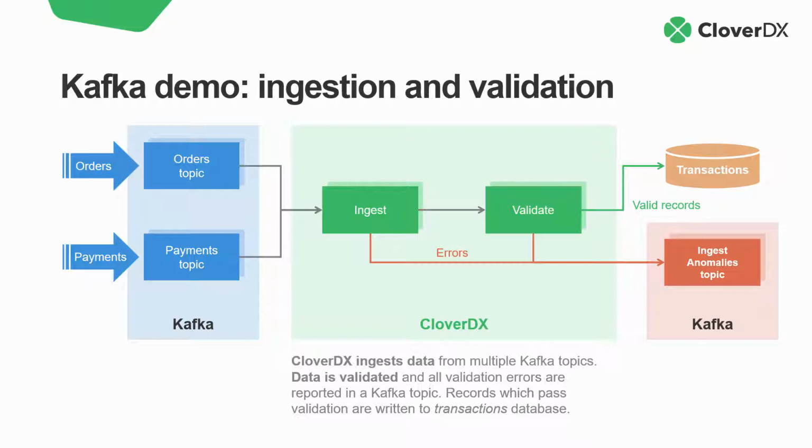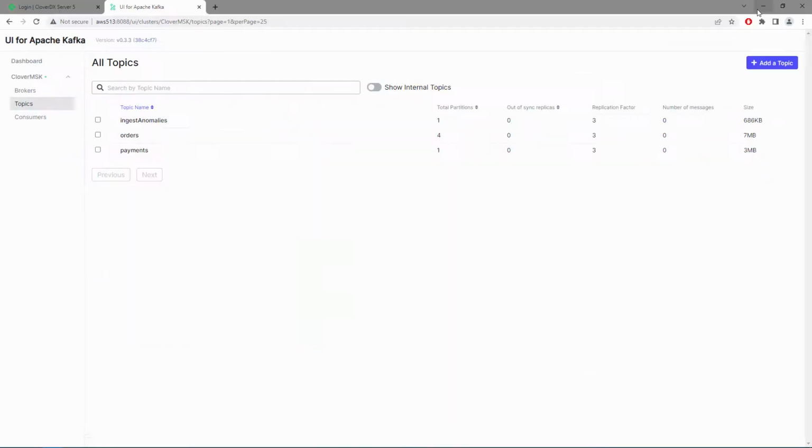So let's look at CloverDX Server and Designer and see how this solution was implemented. First, a quick look at the Kafka setup. I can use a simple open source Kafka GUI application from Apache to peek in at these topics. You can see we have 3 topics.